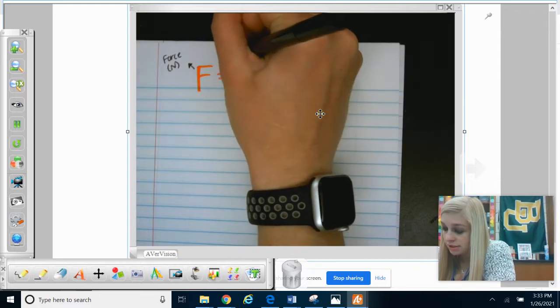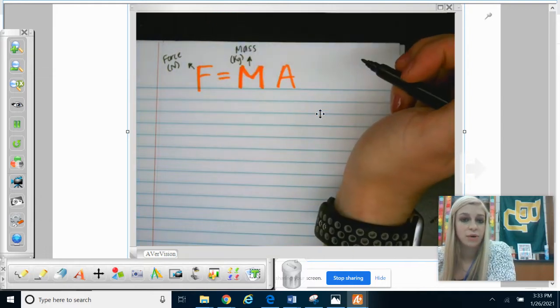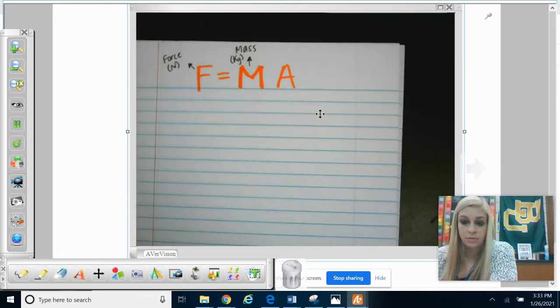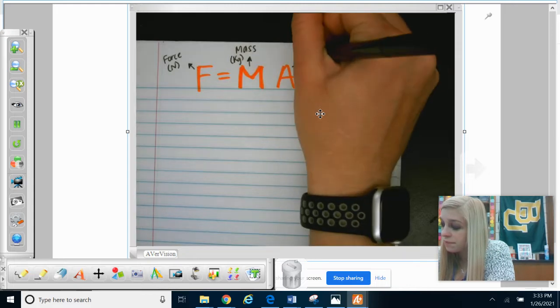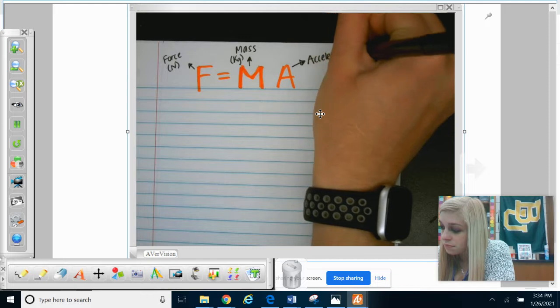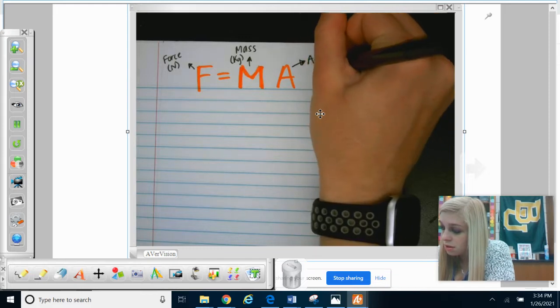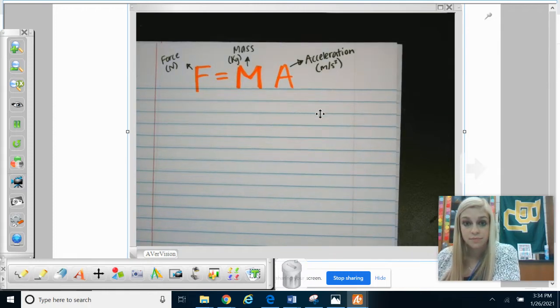We measure mass in kilograms or grams, either one. And the A stands for acceleration, which we measure in meters per second squared.